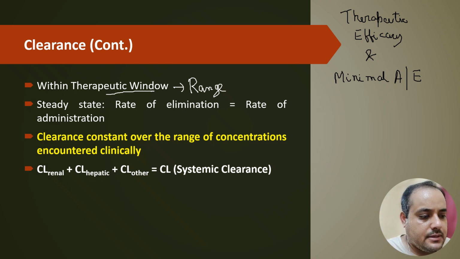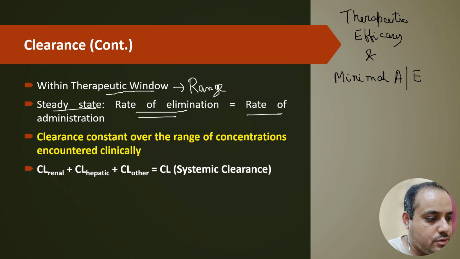Now let us assume that the bioavailability of the drug is maximum, that is 100%. In that case, the steady state will be reached when the rate of elimination of the drug is equal to the rate of administration of the drug.